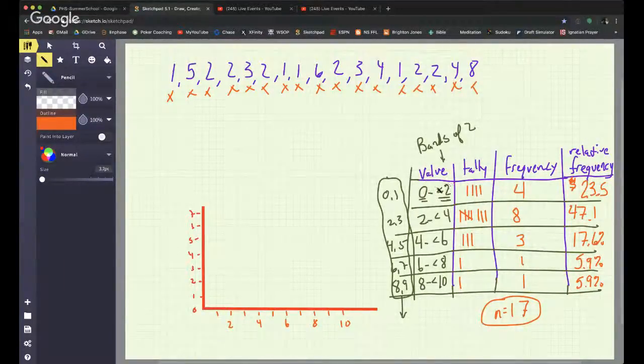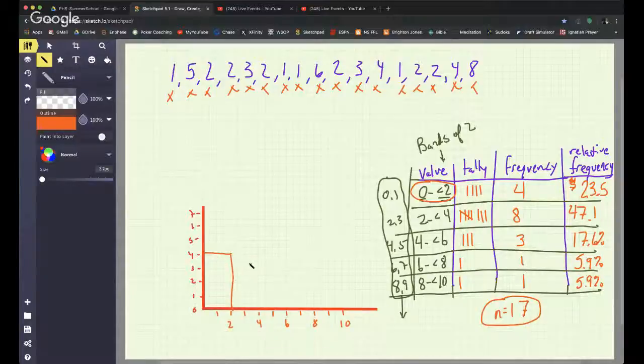For the way our histogram represents values from 0 to 2, we draw a line from 0 to 2 exactly where the data is. So we have a frequency of 4 for all of our data between 0 and 2.